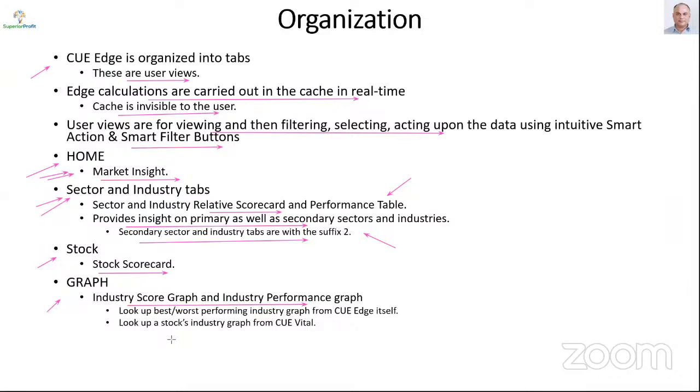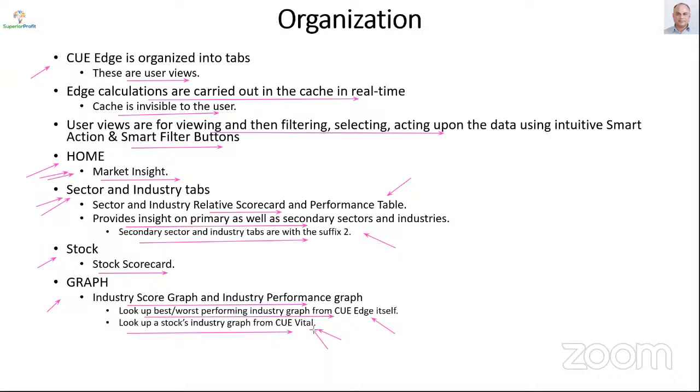Over real time to 5 days, is the industry becoming stronger or weaker? You may use the graph tab to look up best or worst performing industry graph from QEdge itself. Most of the time it is used in a different way, that is to look up a stock's industry graph from QVital. But you could look up a stock's industry graph from QEdge as well. Both are possible.